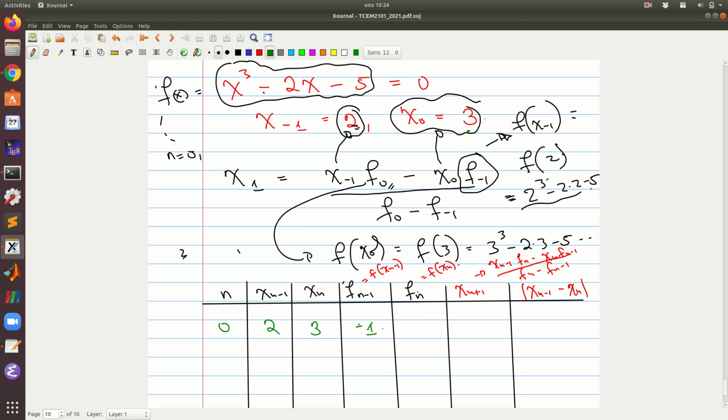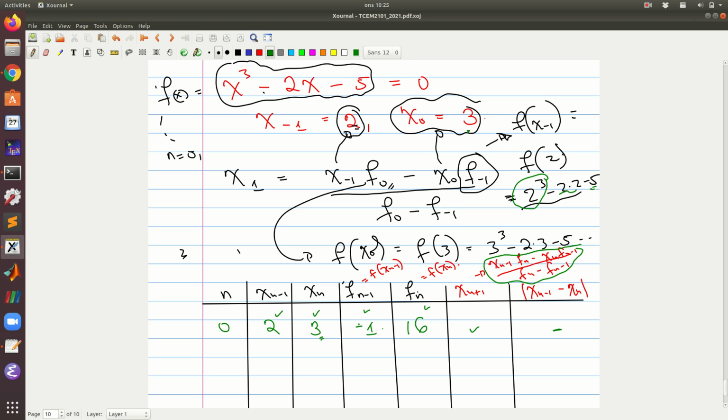This is 8 minus 4 is 4 minus 5 is negative 1. And then confirm that f of 3, that is fn, when you substitute in, is 16. And then you compute the root, you have everything. Just substitute them in here and then find the value you get.